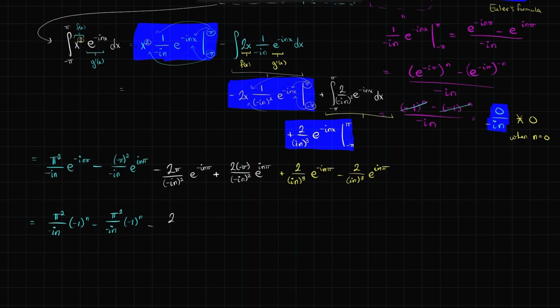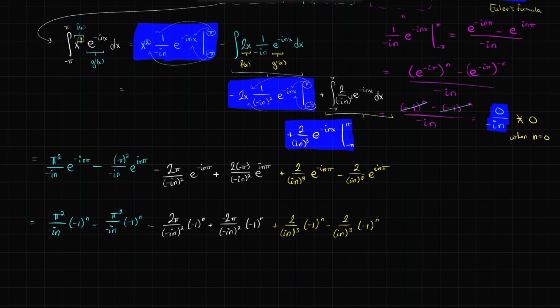I'll have minus 2 pi divided by negative i n squared, negative 1 to the n, plus negative 2 pi divided by negative i n squared, negative 1 to the n, plus 2 over i n cubed, negative 1 to the n, minus 2 over i n cubed, negative 1 to the n.